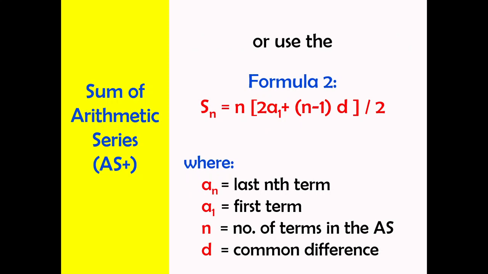For formula 2, S sub n is equal to n times the quantity 2a sub 1 plus d times quantity n minus 1, all over 2, where a sub n is equal to the last term, a sub 1 is equal to the first term, n is equal to the number of terms in the arithmetic sequence, and d is equal to the common difference.